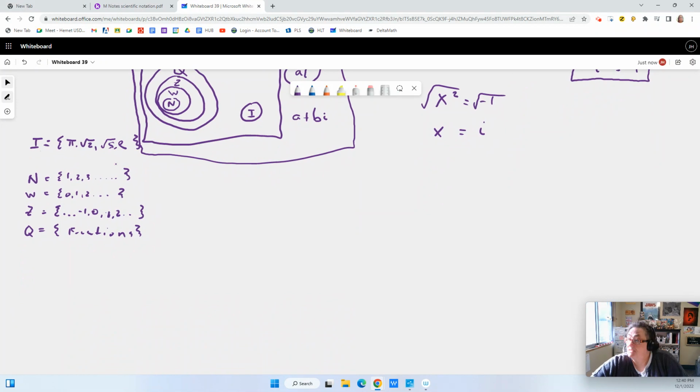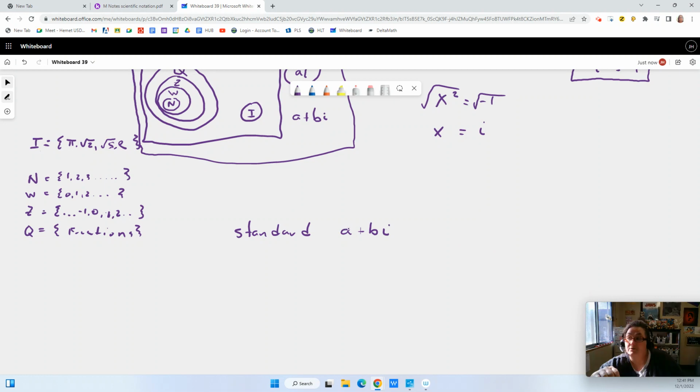But the main thing that we need to know is that the standard form for imaginary numbers is this: a plus bi. Your real component and plus or minus your imaginary component.